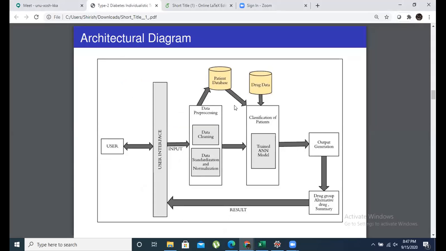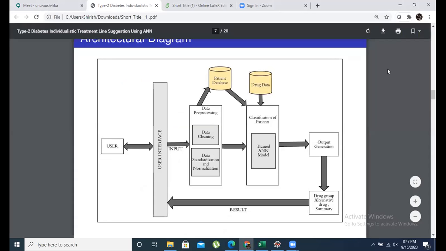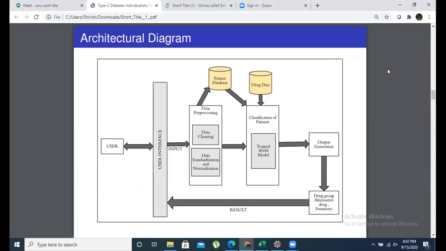Okay, so here the user is a doctor, and he'll operate this system on an application, which will be in a GUI form. First, the doctor will have his login credentials. Then he'll log in and enter the patient data.